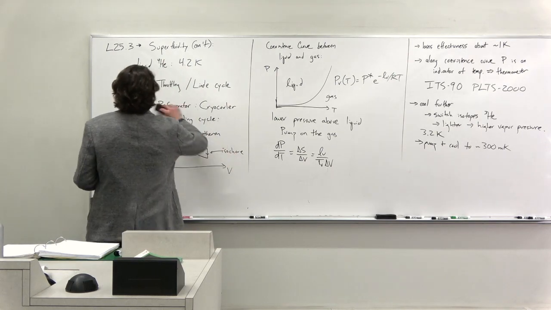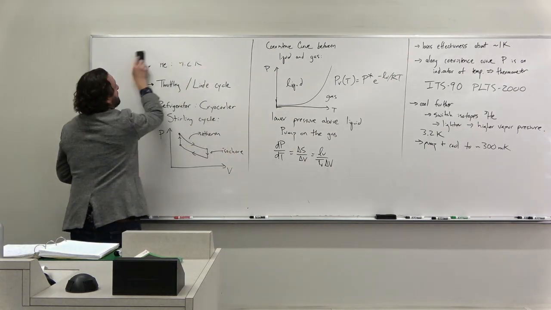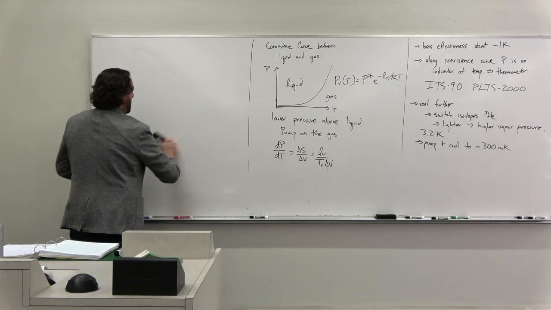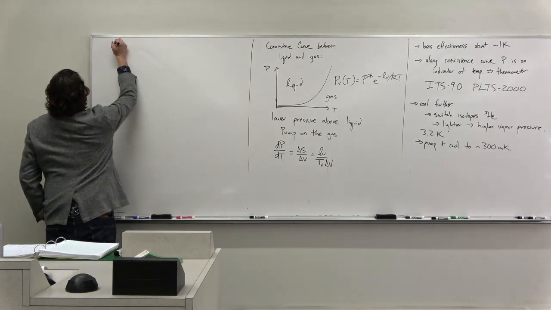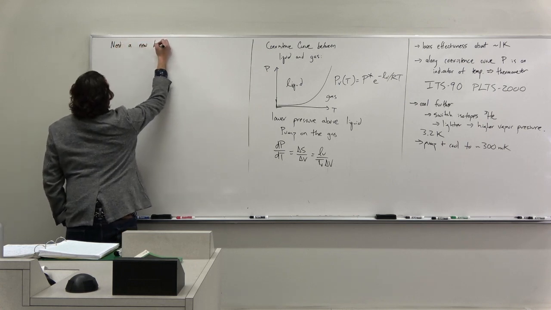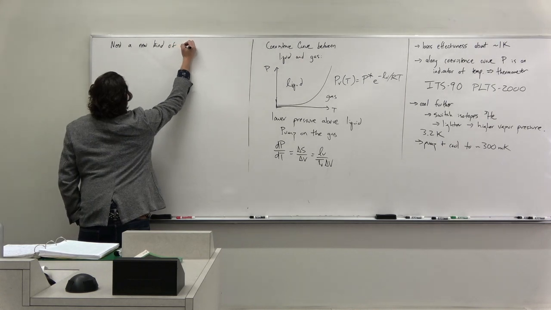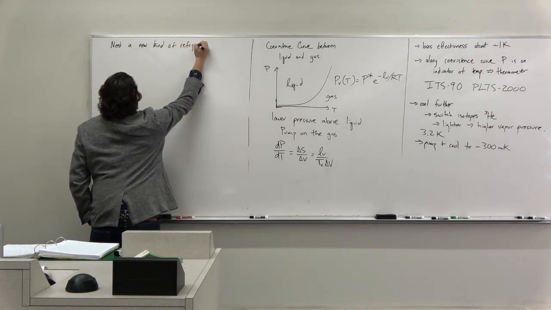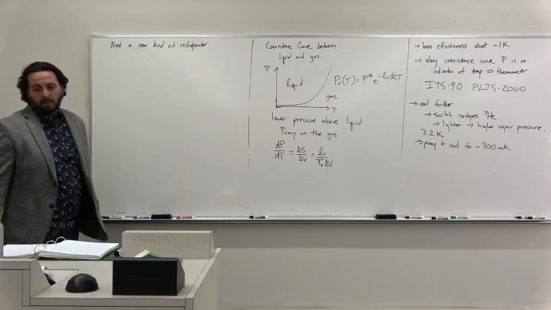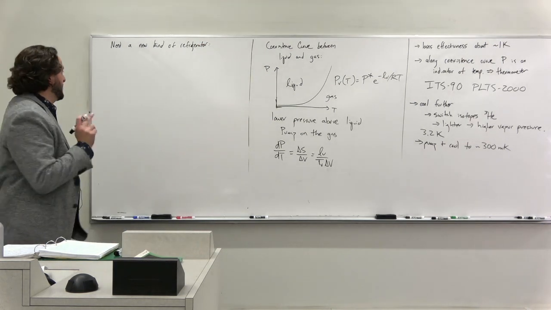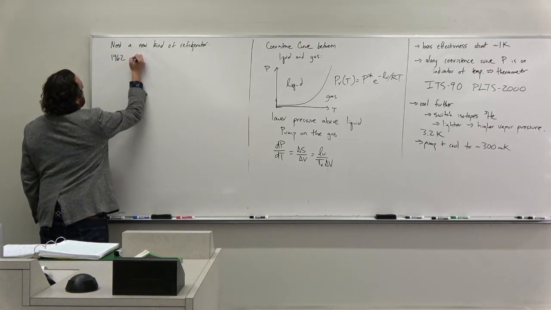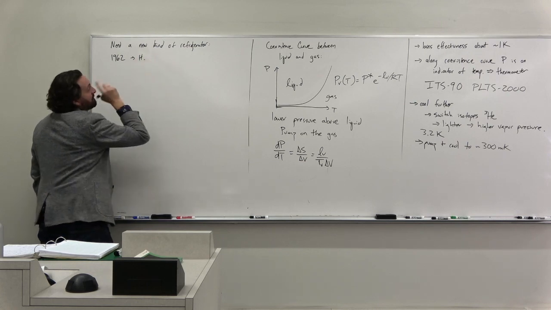Well, what we need is a revolution. We need a new kind of refrigerator. So this new kind of refrigerator was invented in 1962 by H. London.